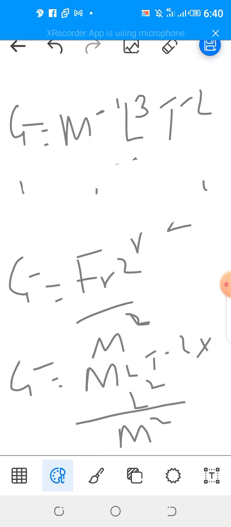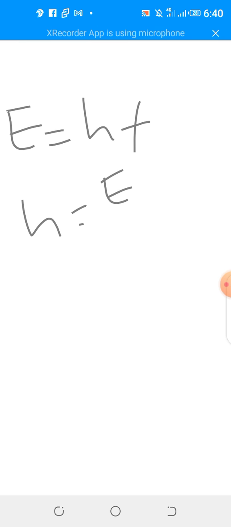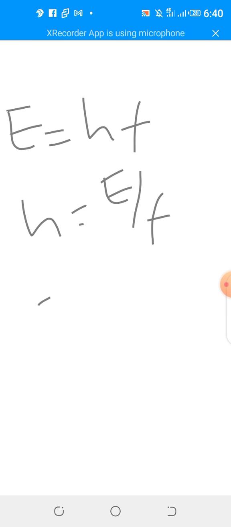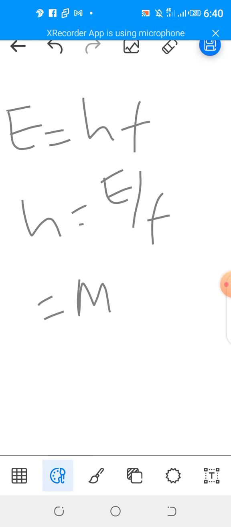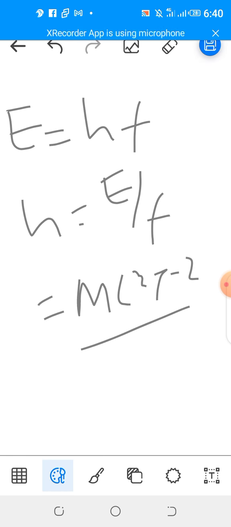Okay, so now let's go to Planck constant. Planck constant is E equals to what? E equals HF, while H equals to E over F. So E is energy. Energy is mL squared T minus 2 over, what's F?